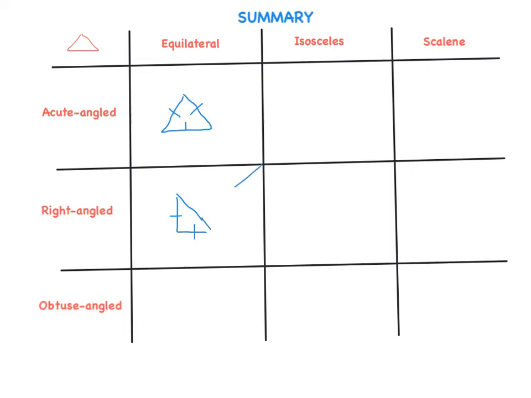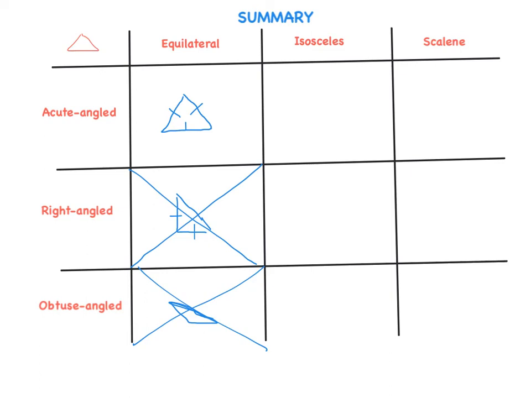So this triangle doesn't exist. Okay? And the same with obtuse angle. If we want to have obtuse angle, this side won't be the same, never ever. It has to be longer to meet these 2 points, okay? So it doesn't exist.